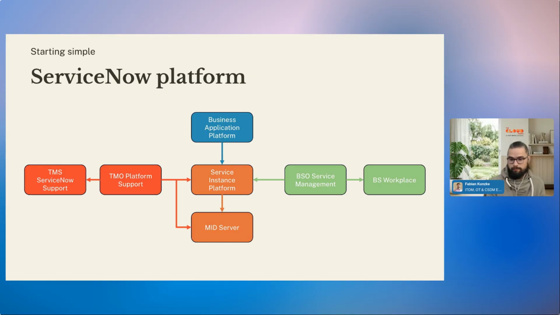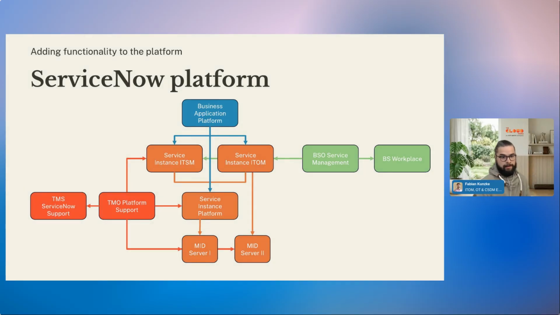We only need to make it more complex for two reasons. And the first reason is added functionality. If we add functionality to a CSDM modeling of a platform, what happens is with new functionality comes independent failure and independent reaction times.